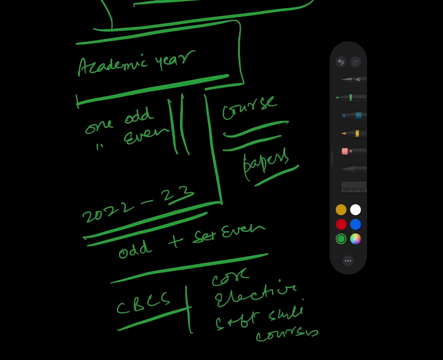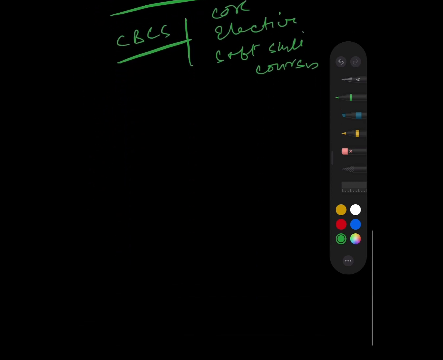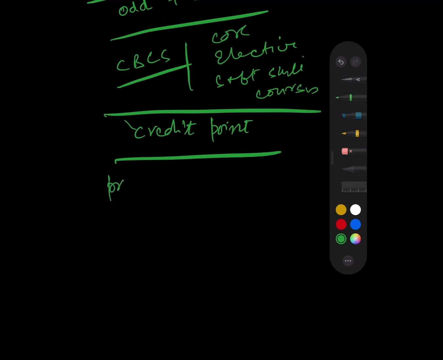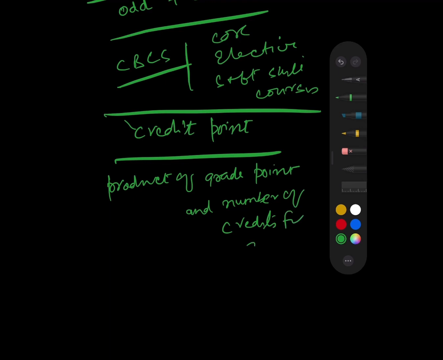Then coming to the next term, that is called credit point. Credit point is the product of grade point and number of credits for a course.